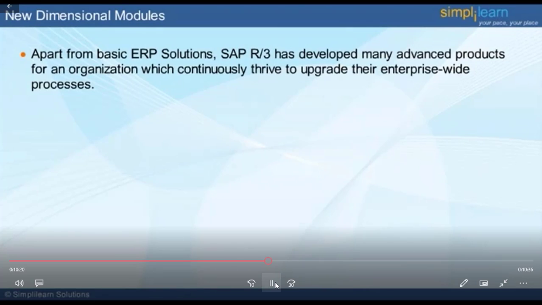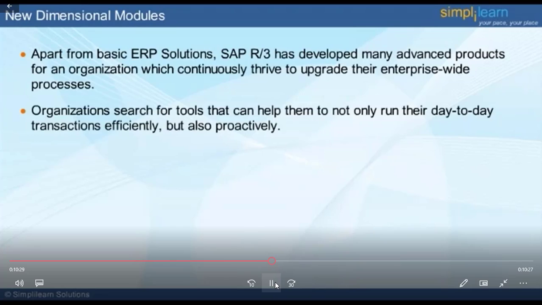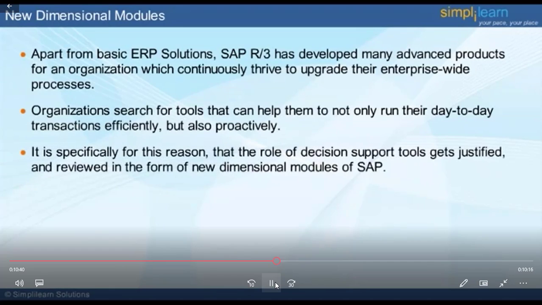After the core modules have been implemented, and when the confidence and knowledge in SAP has seen a substantial jump, organizations start searching for tools that can help them to not only run their day-to-day transactions efficiently, but also proactively. It is specifically for this reason that the role of decision support tools gets justified and reviewed in the form of new dimensional modules of SAP.